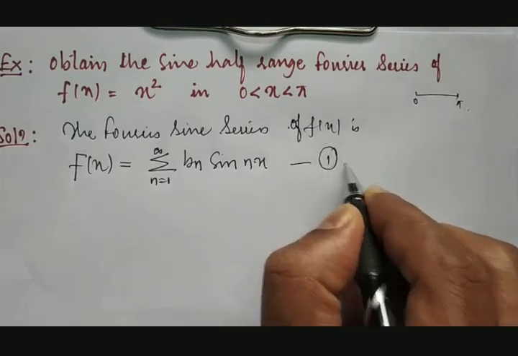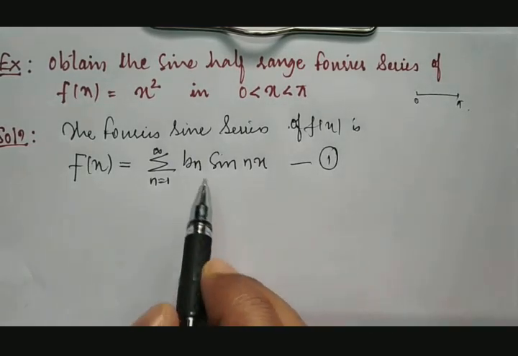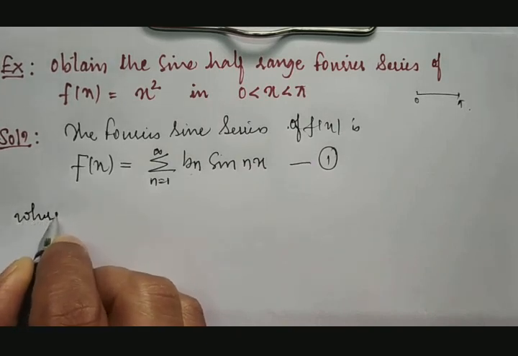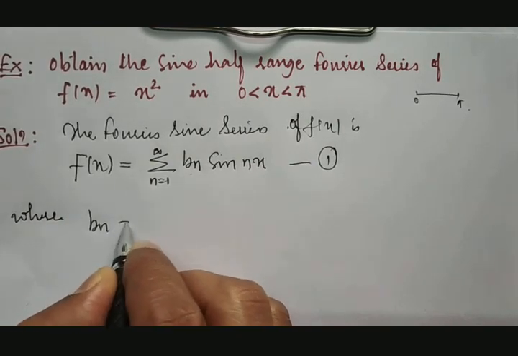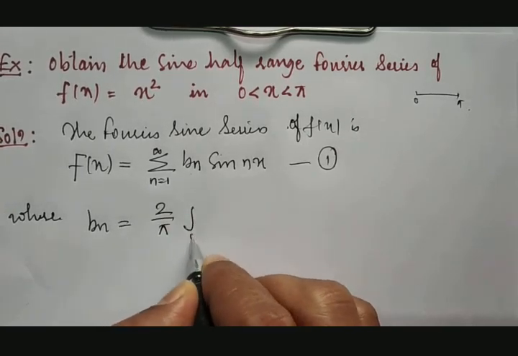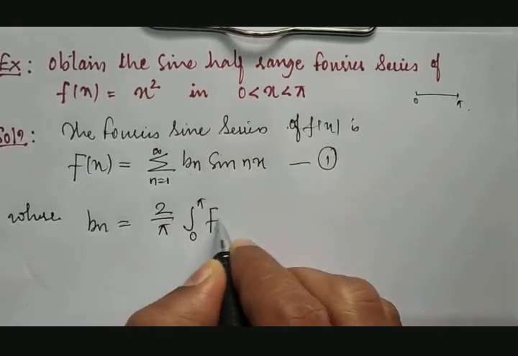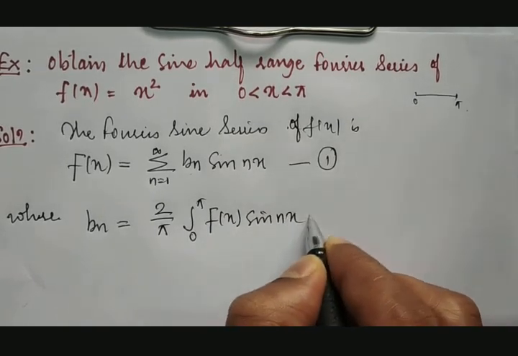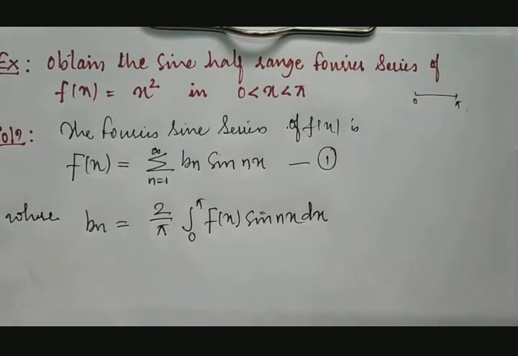We call it as equation number 1. And here we need to calculate only bn. Therefore, bn can be calculated by using the formula 2 divided by pi integration between 0 to pi f of x into sine nx with respect to x.